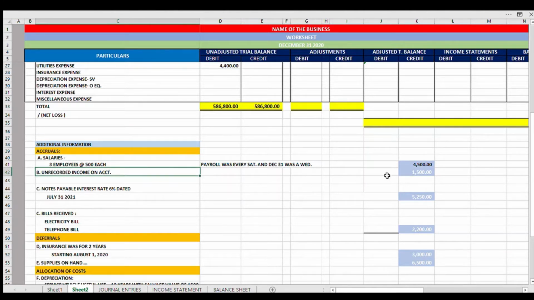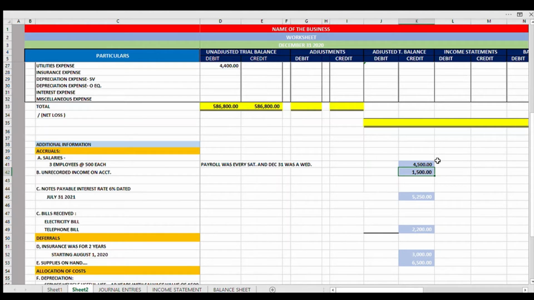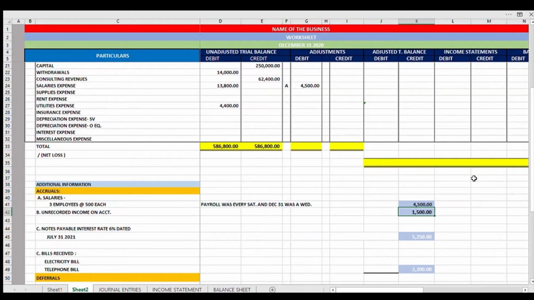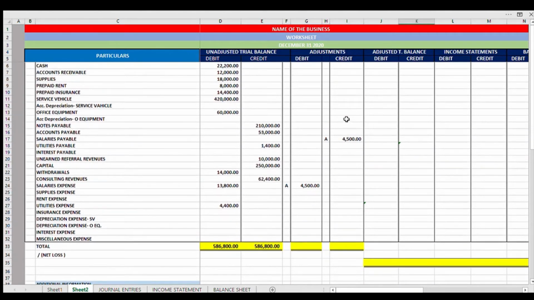Sabi sa information, merong unrecorded income on account. So it turned out to be 1,500. So let us record this or include this into the adjustments. Okay, so ang ating debit dyan ay, since this is an accrual of income, we will have a receivable.